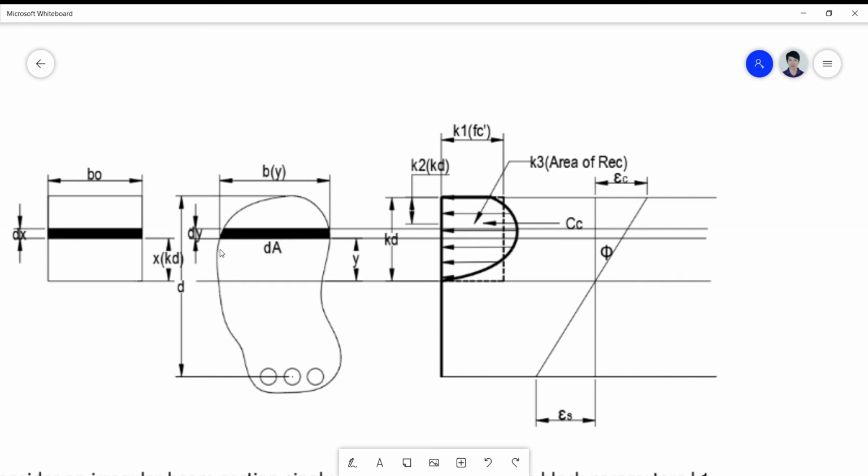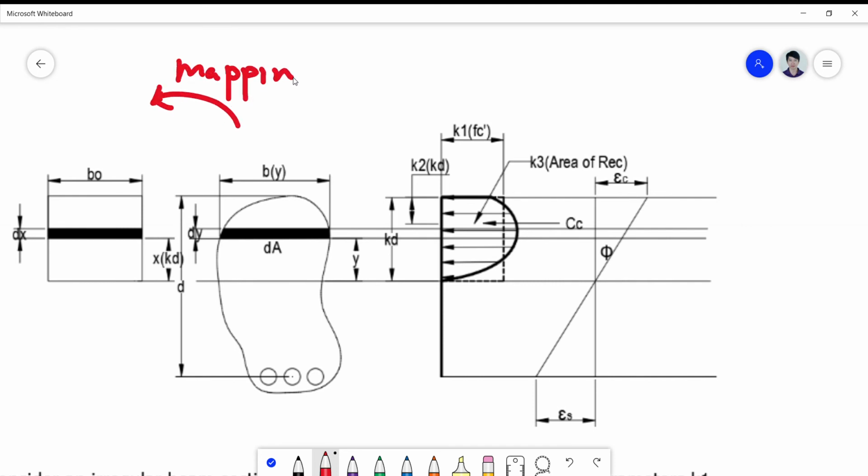Although, of course, these are not practical sections to use in actual practice, but this has something to do with your understanding on how continuum mechanics works and finite element analysis works. You call this mapping. So we will try to map any type of section into an equivalent rectangular section.